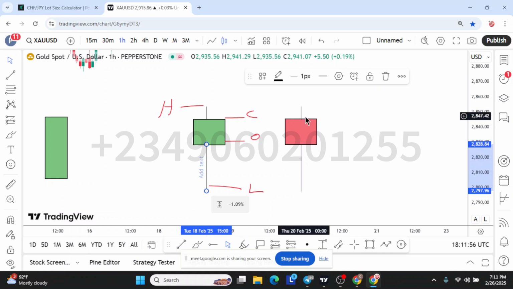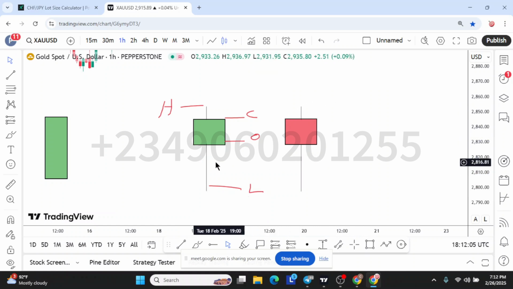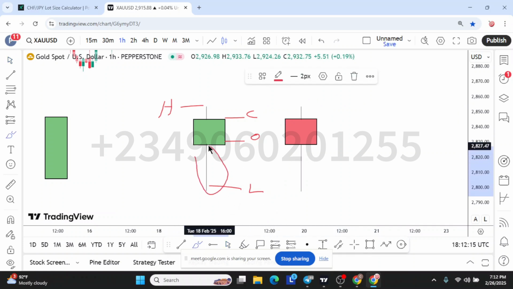It just closed as a bearish candlestick. As far as it is the same pattern as the bullish one, the bearish one is the same. The market is still telling you that there are buyers in the market.